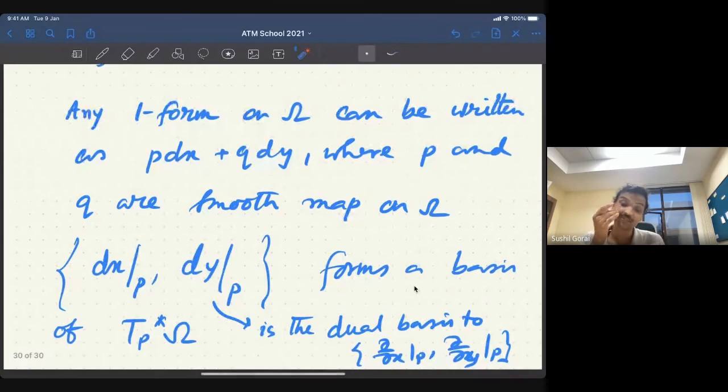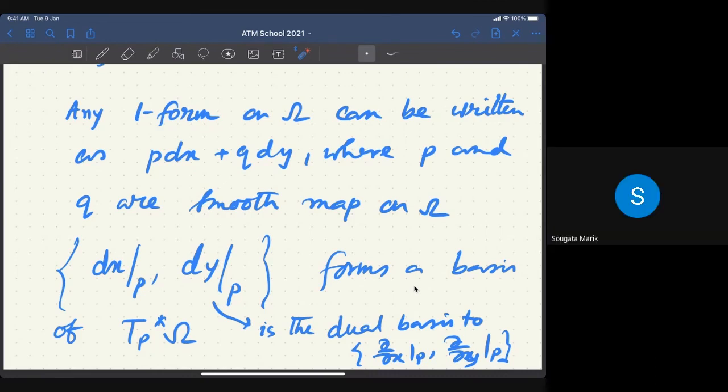Then you need to look at the tensor product and some operation, the quotient of the tensor product, to get two forms. Well, in R2, two forms are easy. It's one dimensional, so it will be spanned by dx wedge dy.